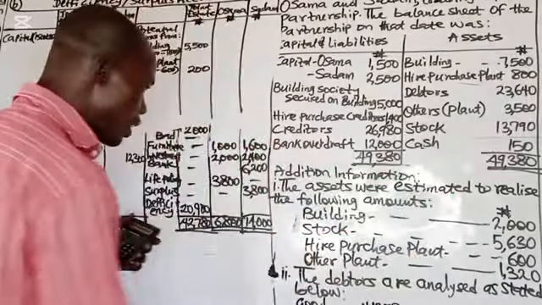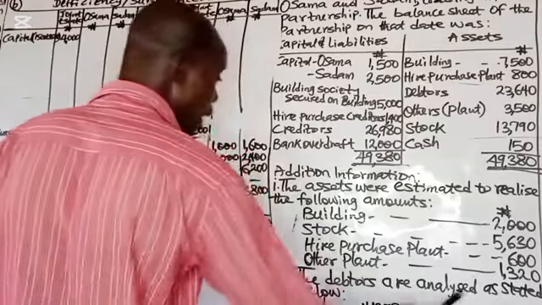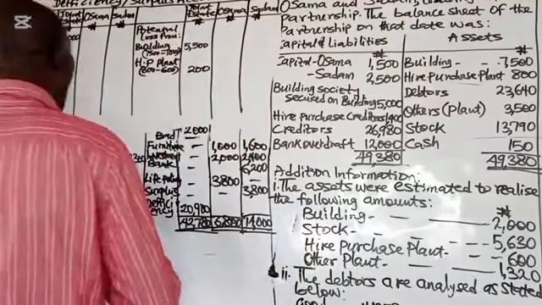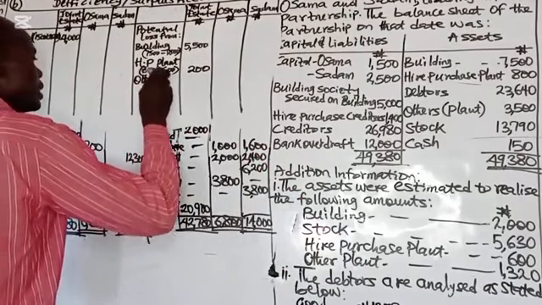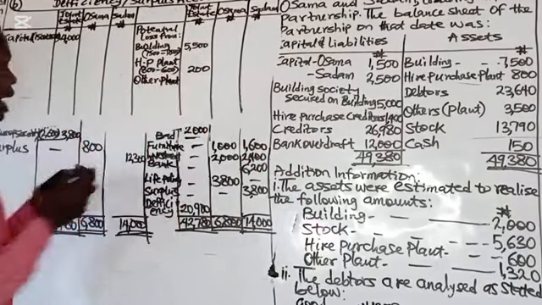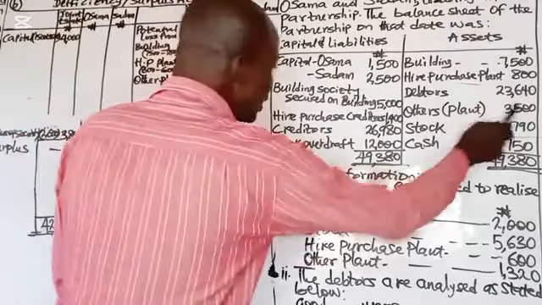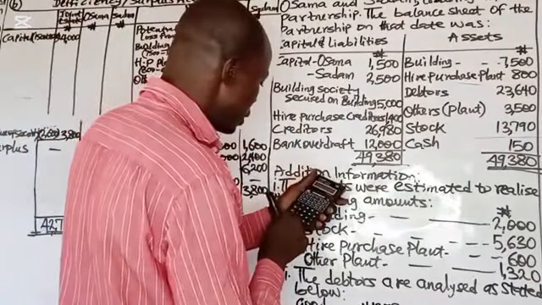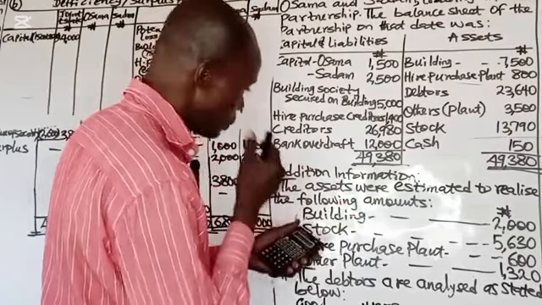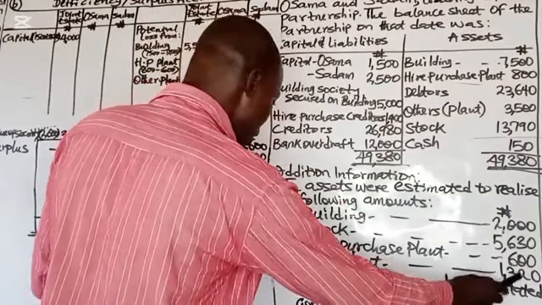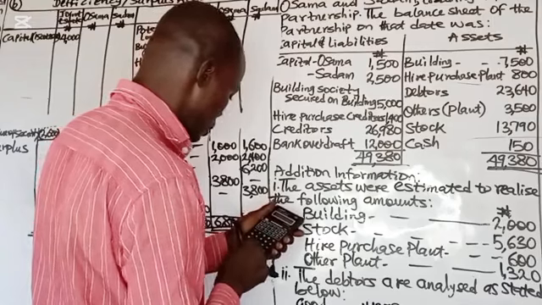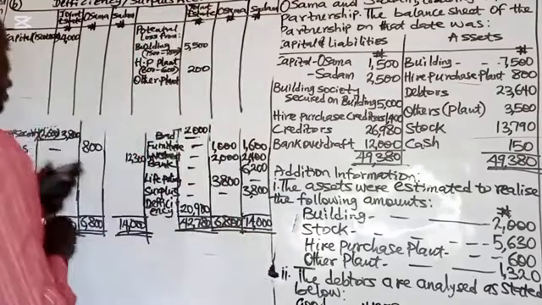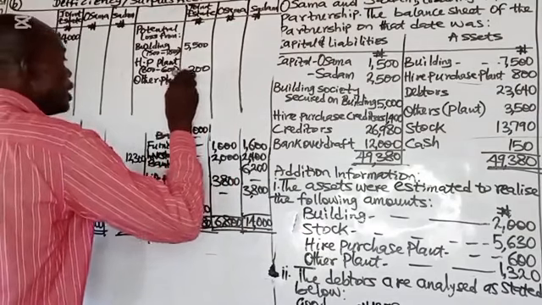The realizable value of other plants is 1,320. So let's subtract that: 3,500 minus 1,320. We have 2,180.